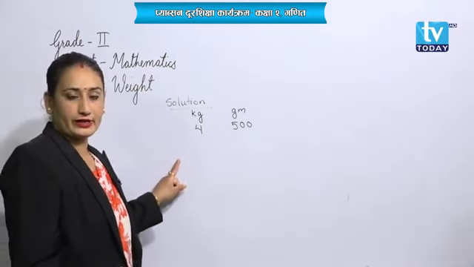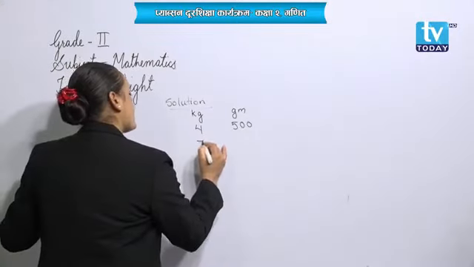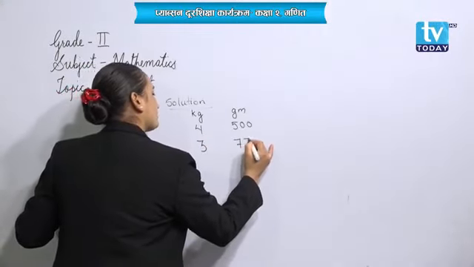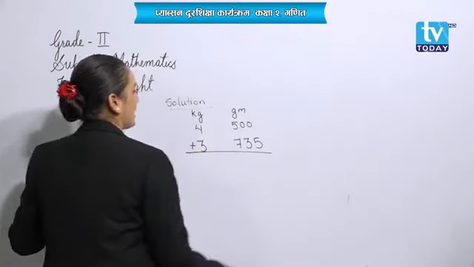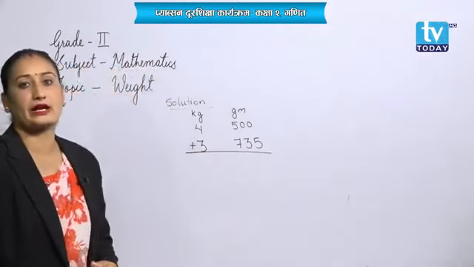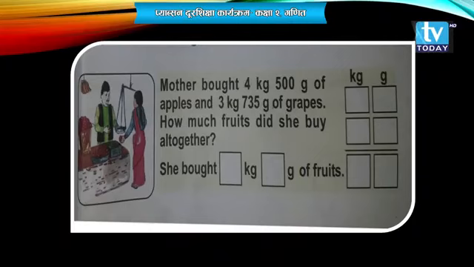What is the weight of grapes over there? 3 kg and 735 gram. Now, tell me students, how much fruit did she buy altogether?